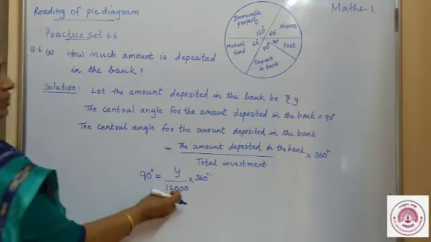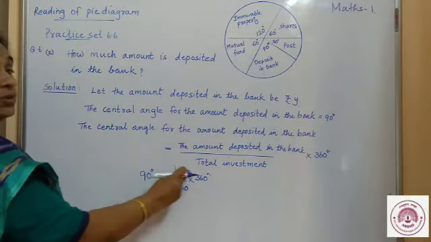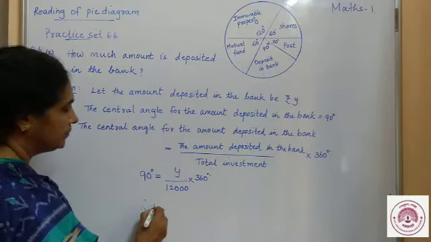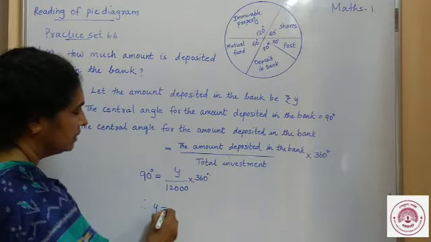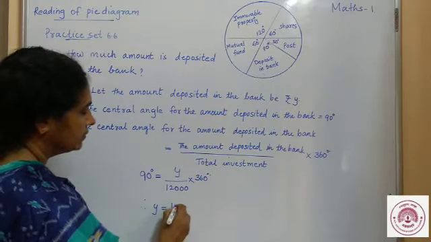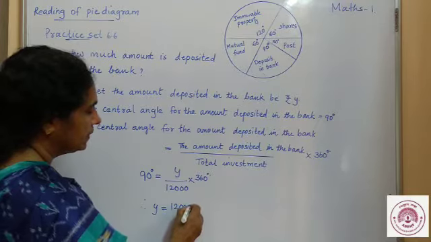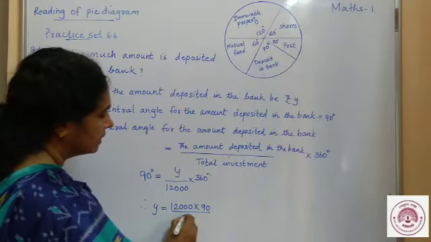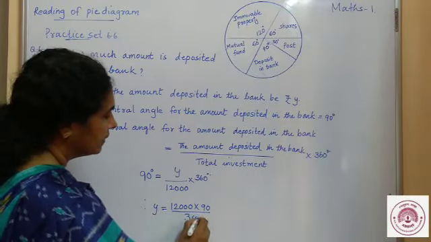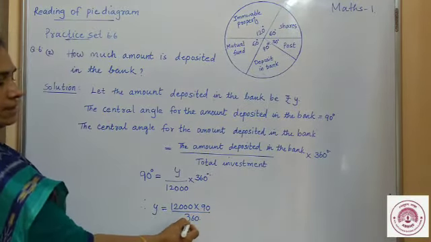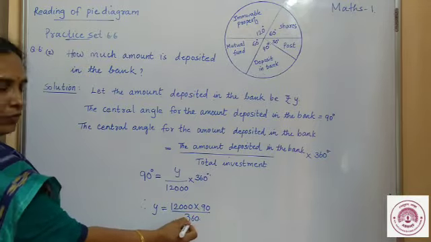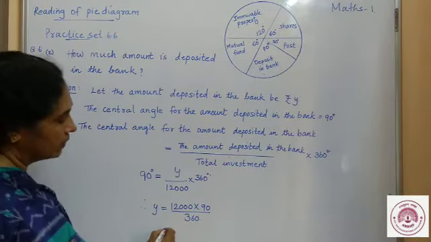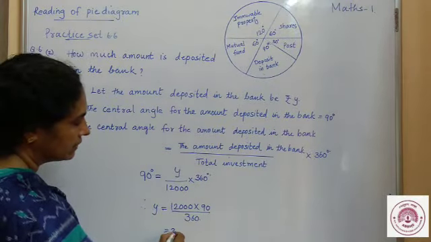Cross multiplication, 12,000 into 90 is equal to Y into 360. Therefore, Y is equal to 12,000 into 90 divided by 360. So 90 and 360 will get cancelled. 4 and 12, 3. So 3000.